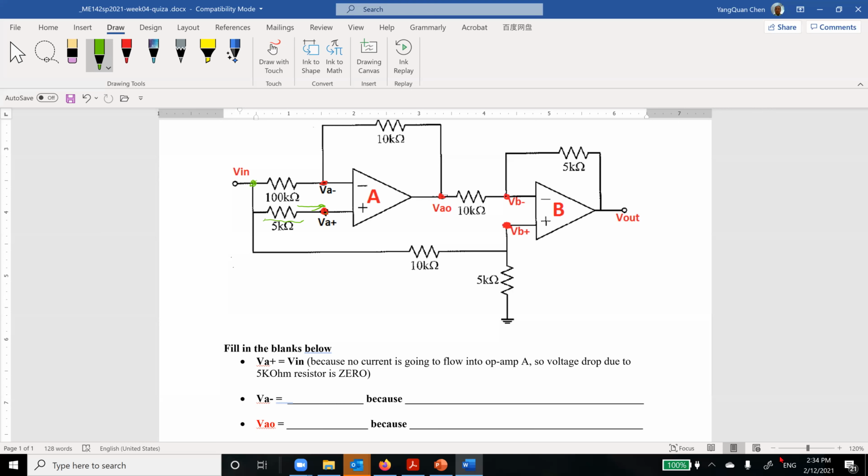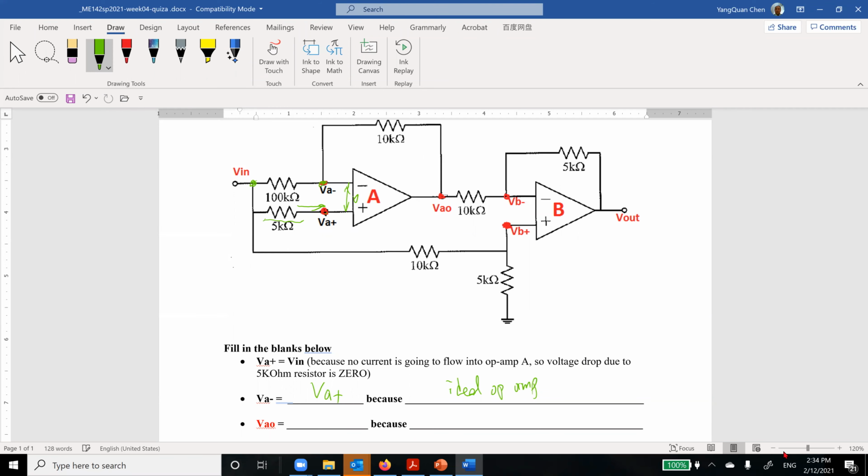Now VA minus equals what? VA plus, because in the ideal op-amp, the difference between the inputs is almost 0. Infinite gain. Great.